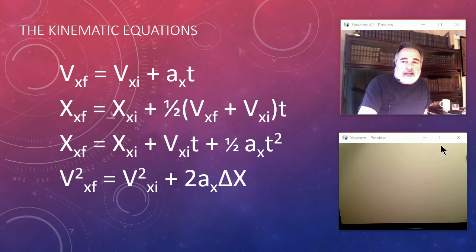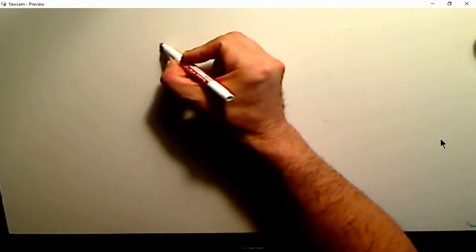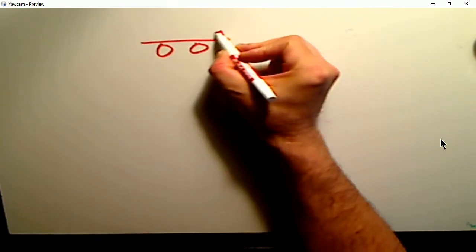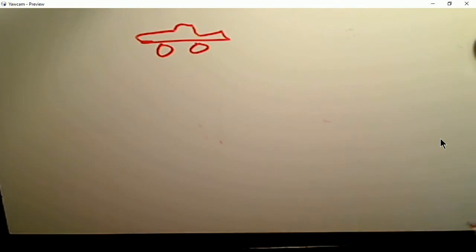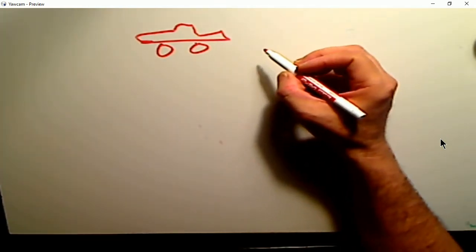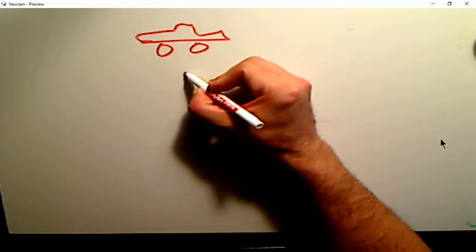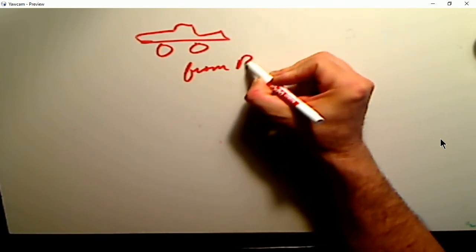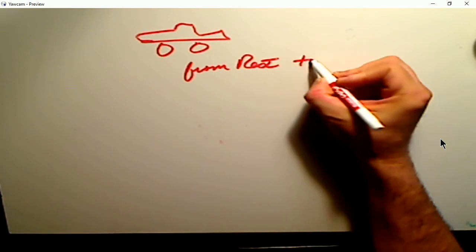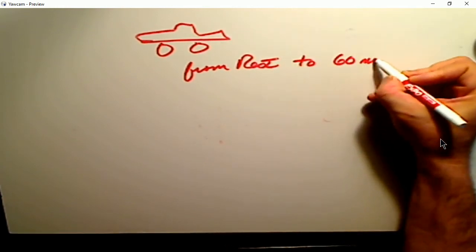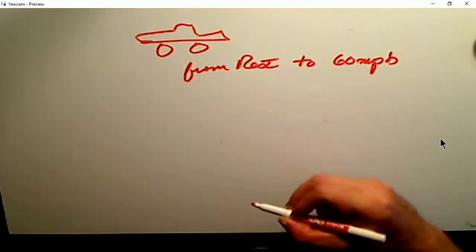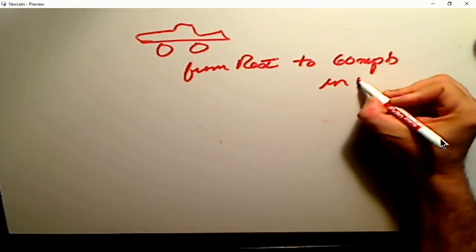Let's look at an example here. Let's say we have a car. Forgive my drawing, I'm not very good at drawing, but that's a car. And this car is going from rest to 60 miles per hour in 4.9 seconds.